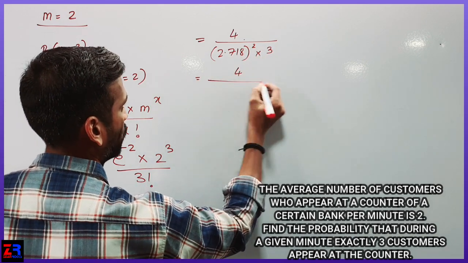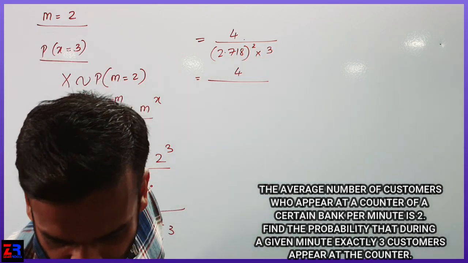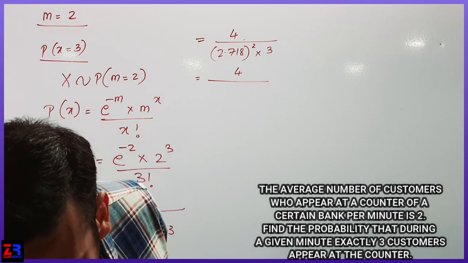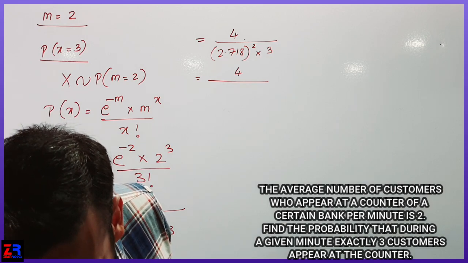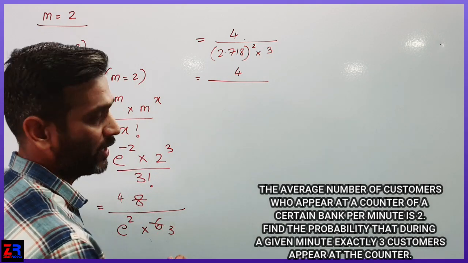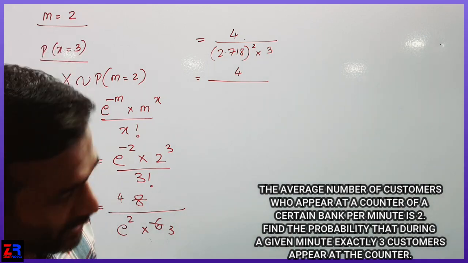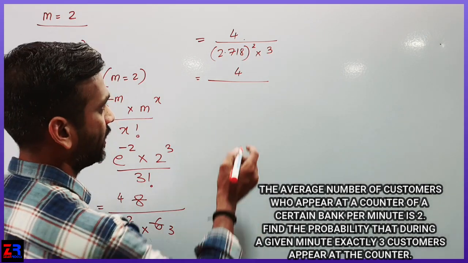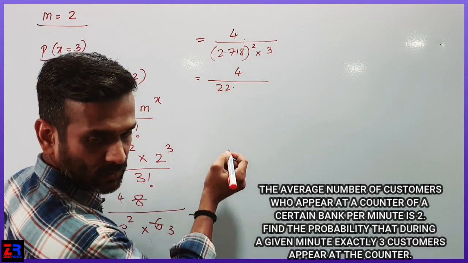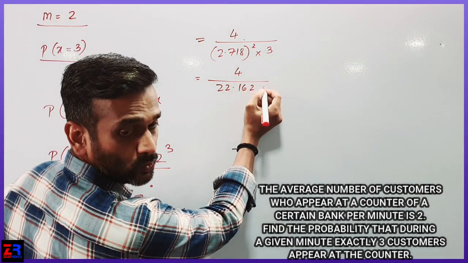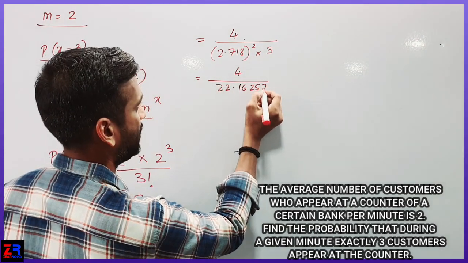So I will get 4 upon 2.718 raised to 2, which is 7.387524, multiplied by 3. You will get 22.162572.